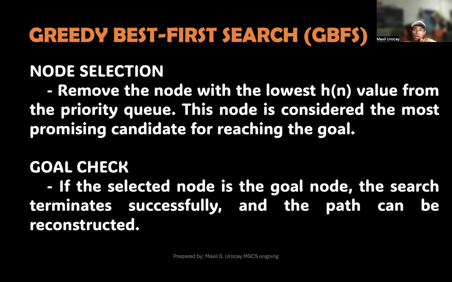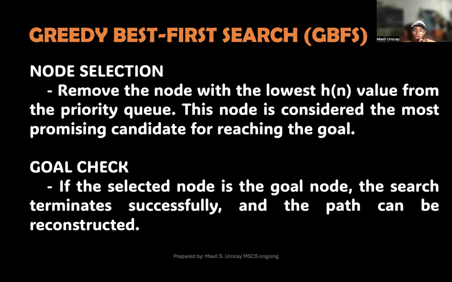Meaning, the lowest h(n) value is the highest priority in this case. If you are using a low priority queue, those low elements will be removed first in your queue data structure.